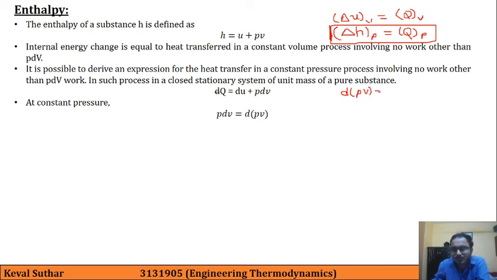So here to differentiate this, first we will keep P as a constant and differentiate volume, plus keeping volume as a constant and differentiating pressure. However, our entire theory is at constant pressure here.